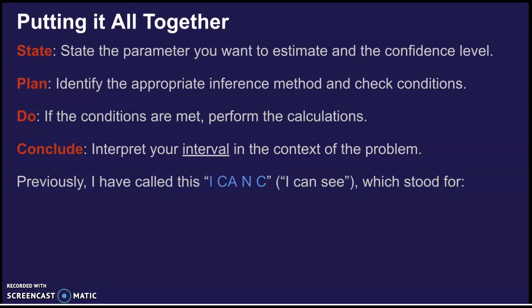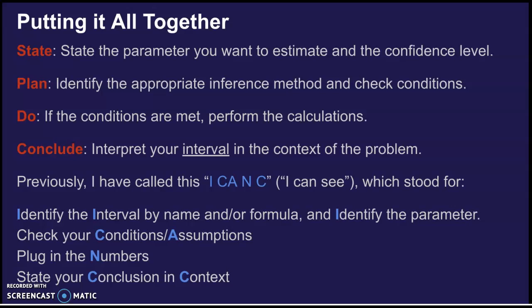Previously, I've called this I CAN, which stood for identify the interval by name or formula, and identify the parameter, check your conditions and assumptions, plug in the numbers, and then state your conclusion in context. You can remember this however you like. You can do state, plan, do, conclude, or you can remember I CAN, as long as you can remember what all those things mean.